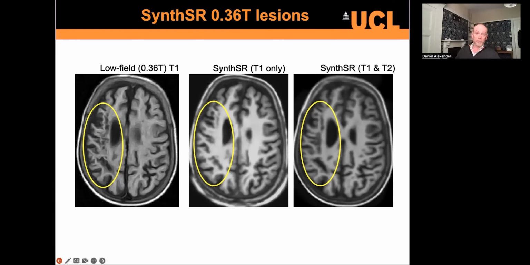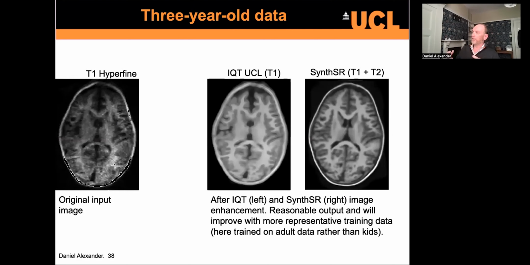SynthSR does that on purpose because it makes it easier for the image to go through the image processing pipeline. But that's not ideal for some of the scenarios we're interested in. So one of the things we're working on in the Cooler project is to combine the original IQT, which sticks much more faithfully to the original data, including pathologies, with some of the capabilities of SynthSR.